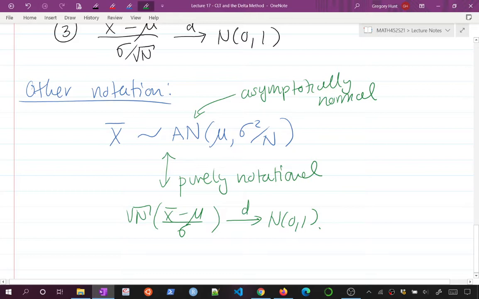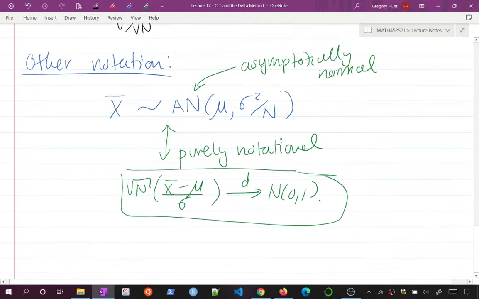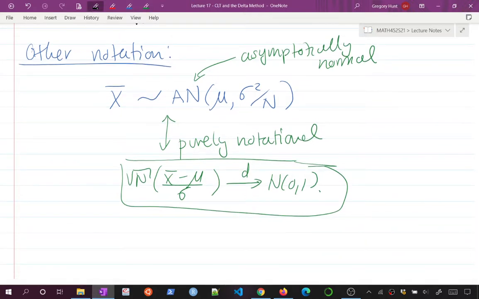Happy for you to use it. I will use it on occasion. That's a totally fine thing, because when we say it's asymptotically normal, it's rigorously defined as this statement here. So you'll see that too. And I like that because it gives an intuition for what's going on.